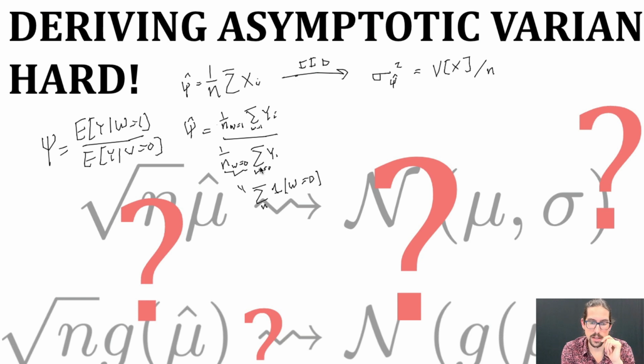Similarly, for summing over just the cases where w equals 0, I can just sum y times an indicator where w equals 0, summing over all n. And so actually I can transform this into 2 sample means divided by 2 sample means, dividing by n everywhere. So we have a function of 4 different sample means. Each of those sample means I know by the central limit theorem has some normal distribution.